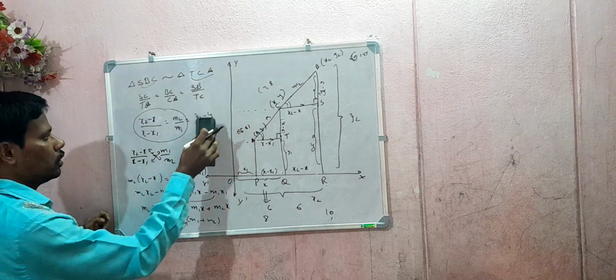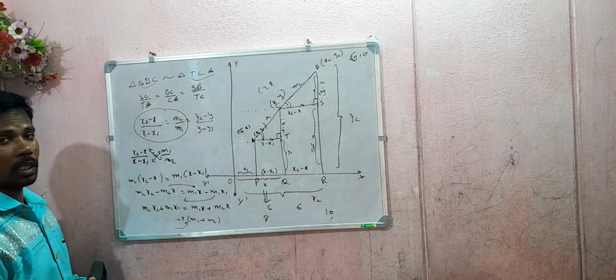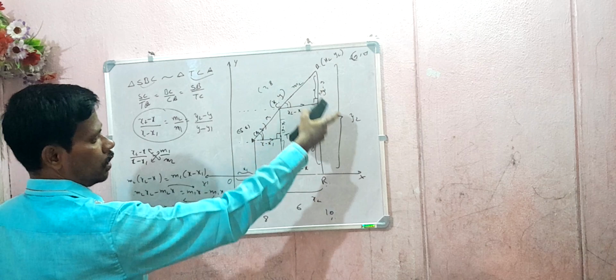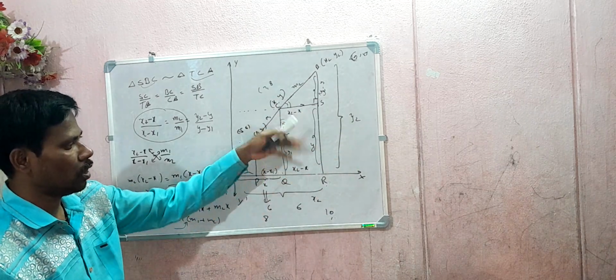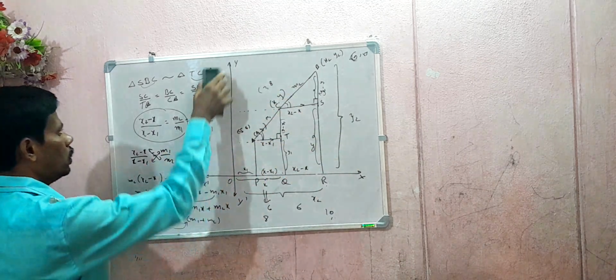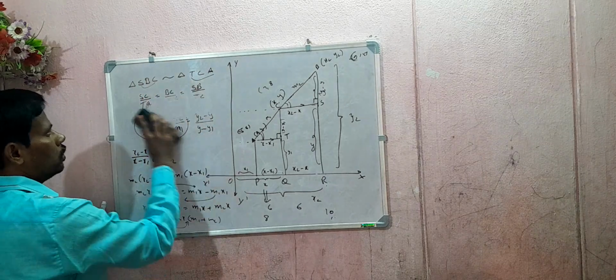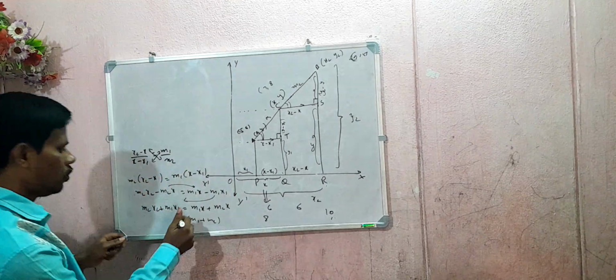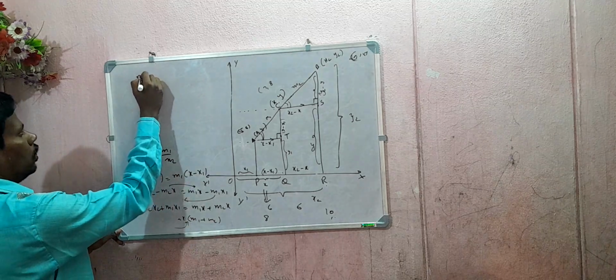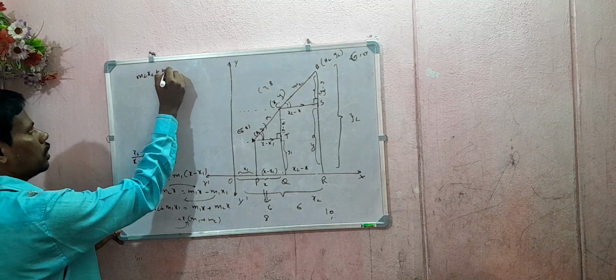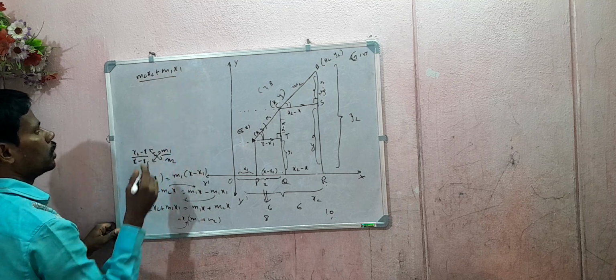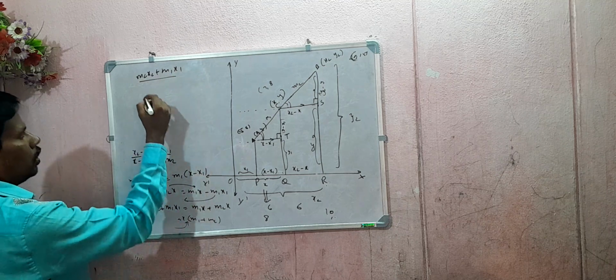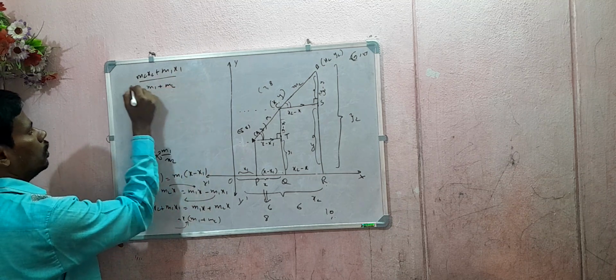Are you getting this point? Is it clear? This graph sheet is clear, and I told how to take the values. Then what will you get now? The x value we will get: m2 x2 plus m1 x1 by m1 plus m2 is x.